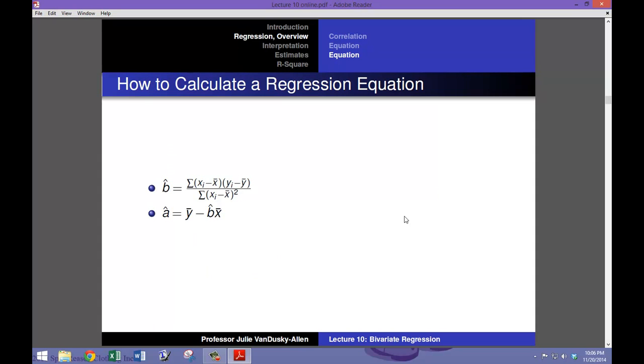Now that I have shown you the intuition behind a regression equation, I'm going to briefly show you how b hat and a hat are formally calculated. B hat is the sum of each x observation minus the mean of x times each y observation minus the mean of y, and that value divided by the sum of the squared deviations of each x observation from the mean of x.